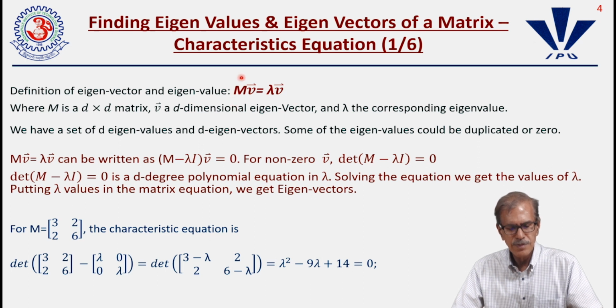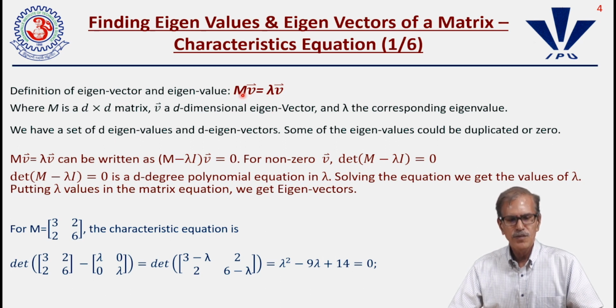So if we have a square matrix M, then eigenvector is defined as M into V equal to lambda V, where lambda is a scalar constant. If you look at this equation, it looks like a matrix is converted to a scalar lambda. So in that way, the eigenvalue lambda in a way represents the value of the matrix in scalar.